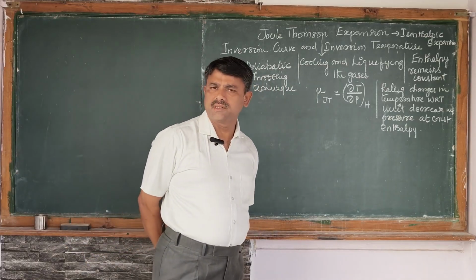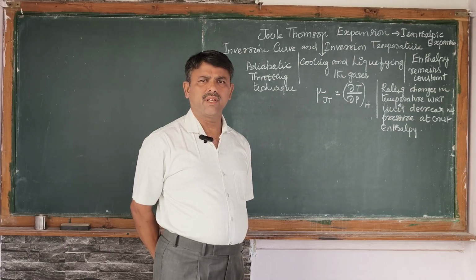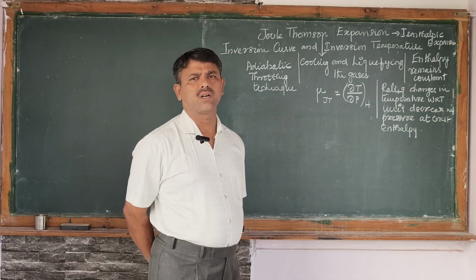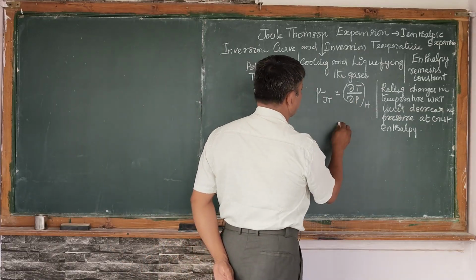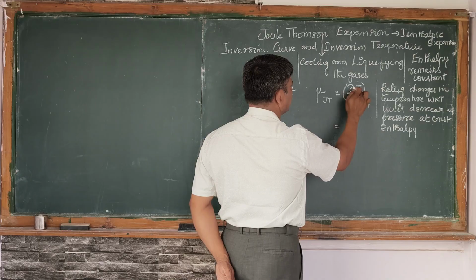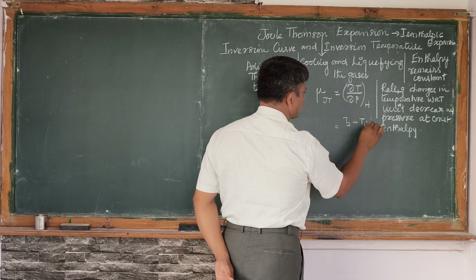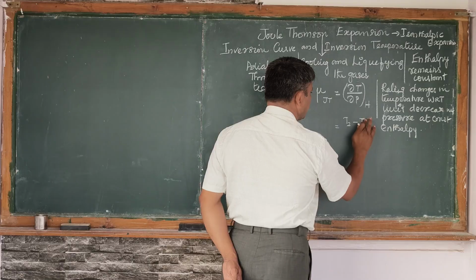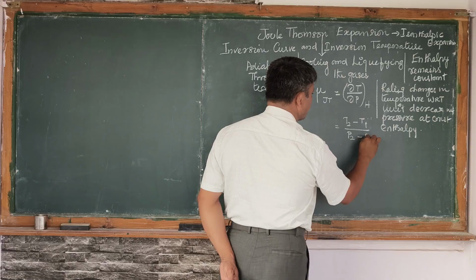This equation can be written like this: change in temperature, that means final temperature minus initial temperature, divided by final pressure minus initial pressure.